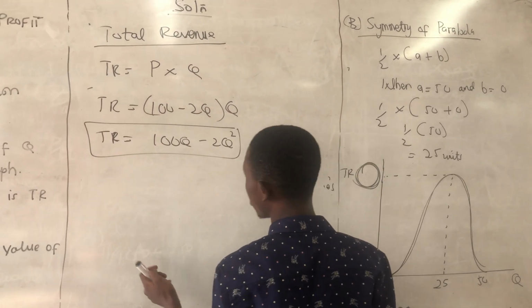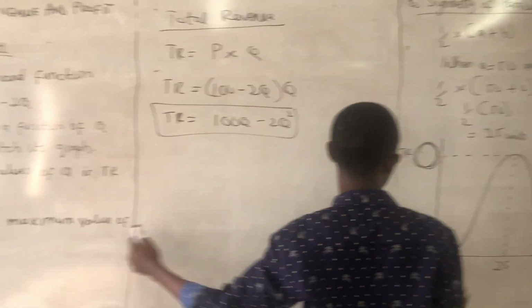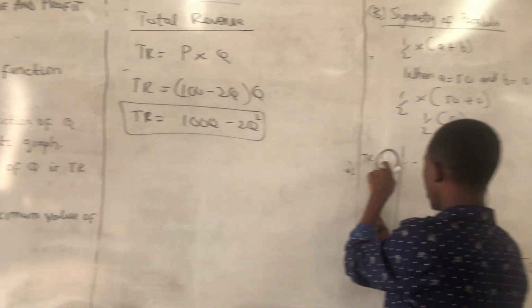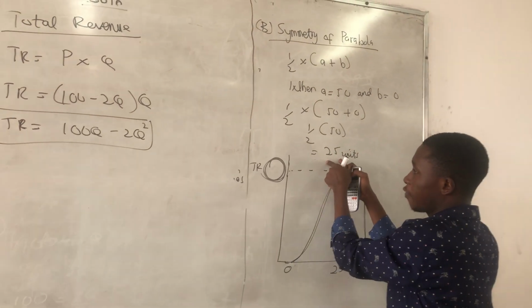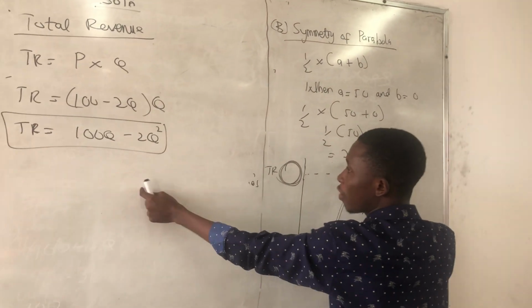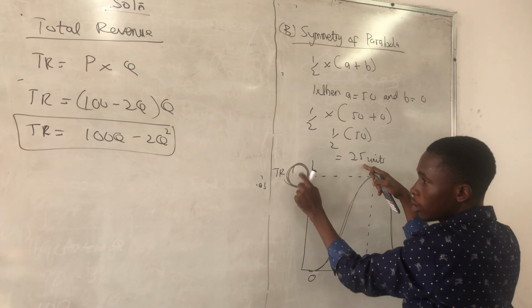Now I want the maximum value of TR. We had our symmetry of parabola as 25, so we pick this total revenue function, put in 25, and get the maximum value.